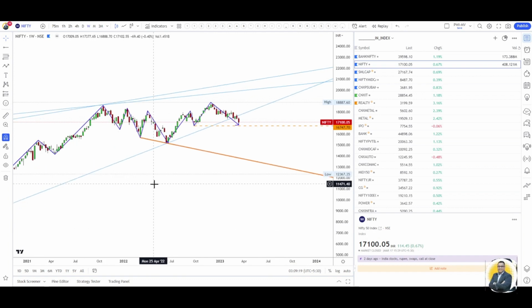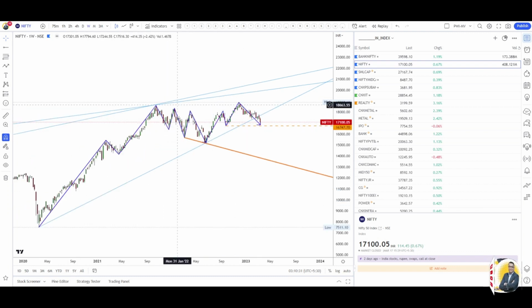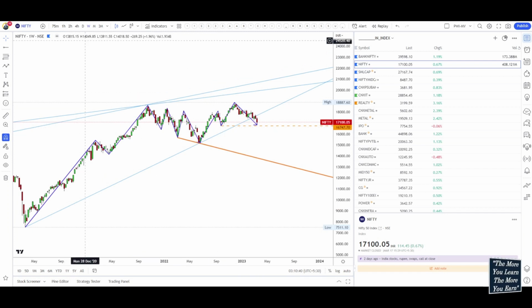As you can see, from 11th October 2021, and if you are following me on this channel, I have been regularly doing analysis on Nifty. It has always been sideways. Nifty has been in zigzag fashion from October 21st onwards, and then it has gone down. This was one of the key support lines, and this is by the way a weekly chart.